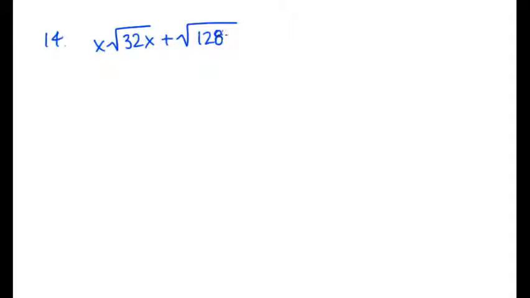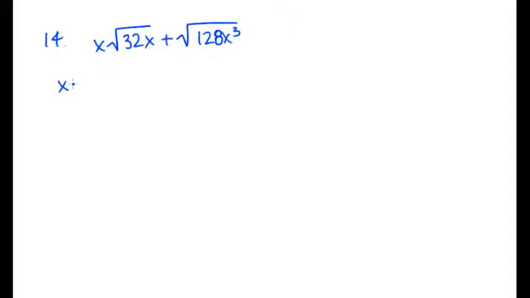That was number 8. Number 14 here says x times rad 32x plus rad 128 times x to the third. Alright, let's see what we can do here. Well, this 32 is simplifiable.